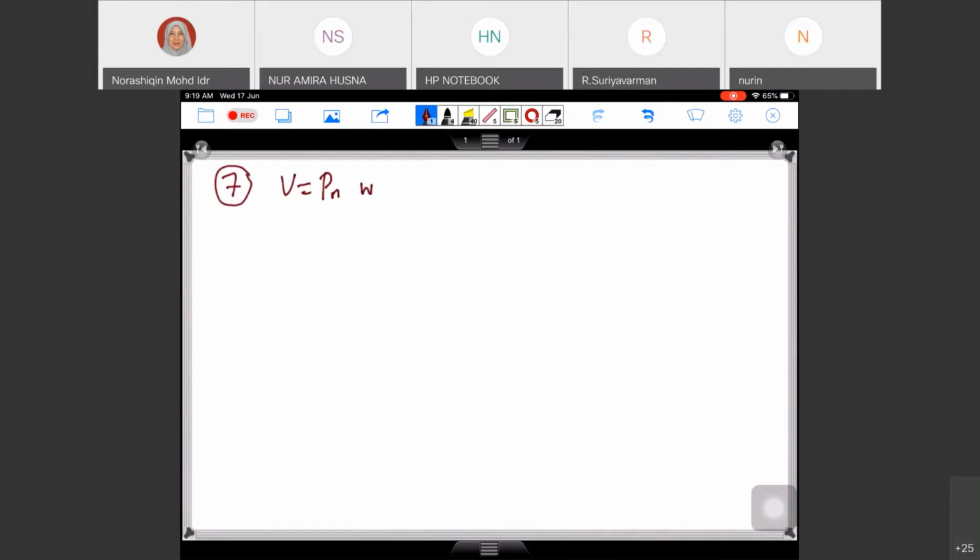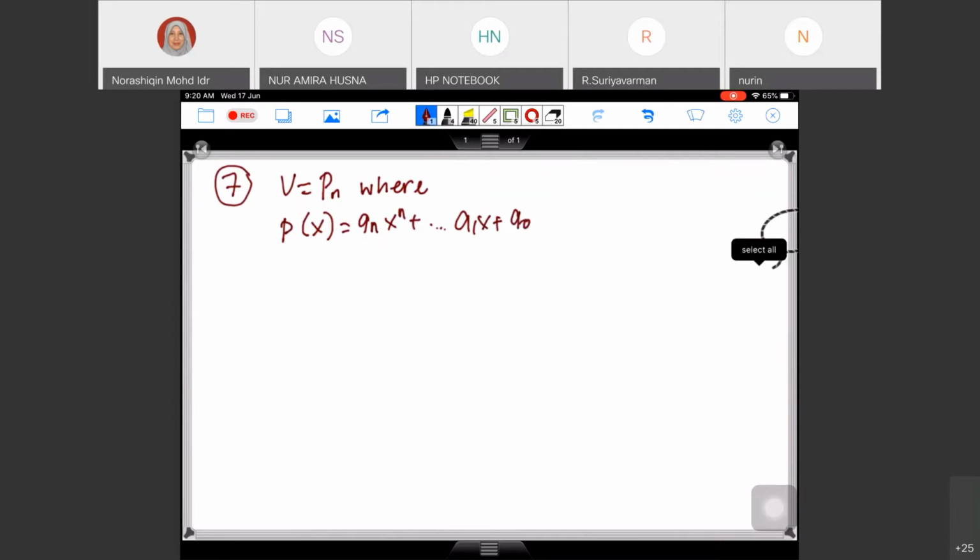Where Pn is a_n x to the n plus ... plus a_1 x plus a_0.